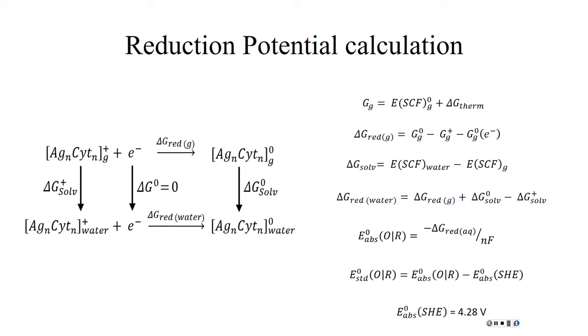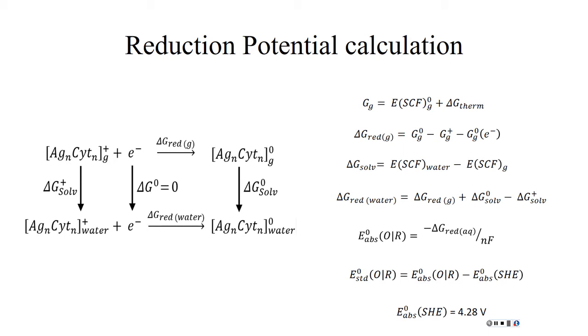Before going to the reduction potential, I will very briefly show you how I calculate it. There is a name for this cycle, but I forget the exact name. The main thing is, first I calculate this reaction, silver plus to neutral, in vacuum, and these two reactions in the solvent by taking the optimized geometry, adding the solvent, and calculating the SCF total energy.